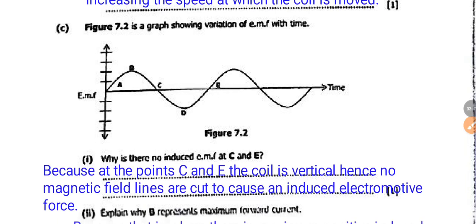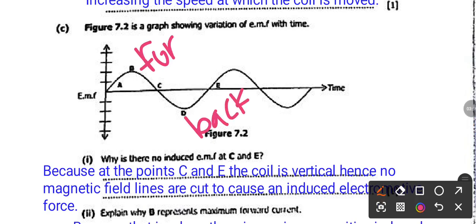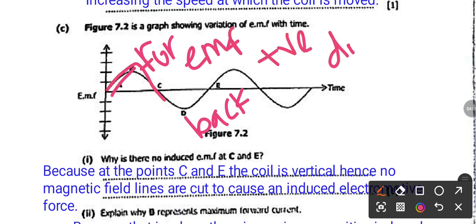Then question B says, explain why B represents maximum forward current. So this is forward and this is backward. The reason why this is maximum forward current is because in this direction, that is where we have the maximum EMF moving in the positive direction.